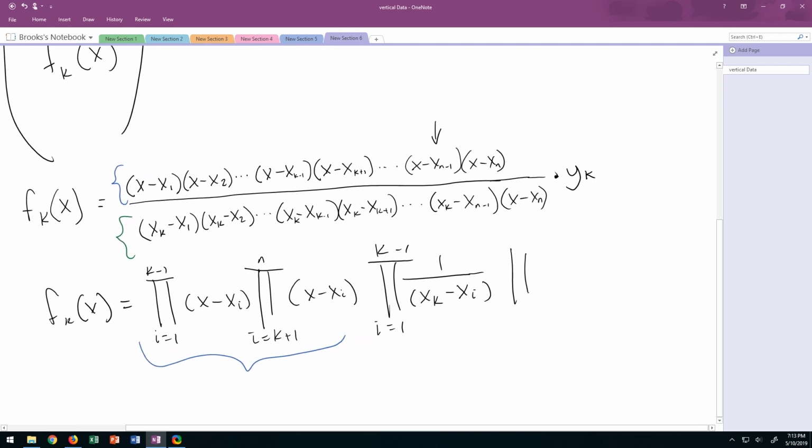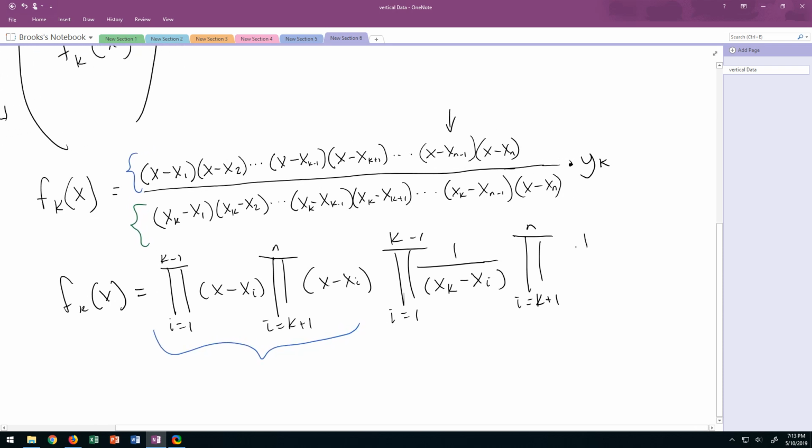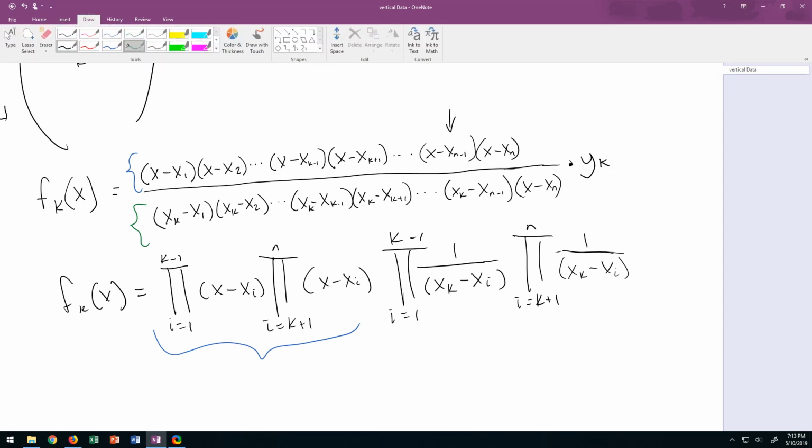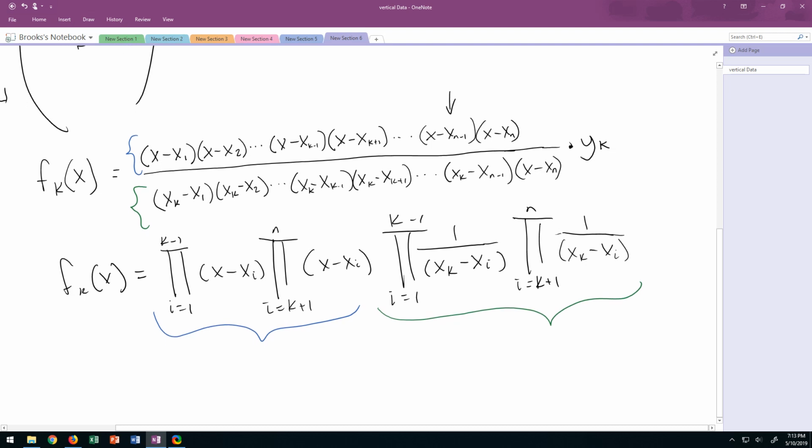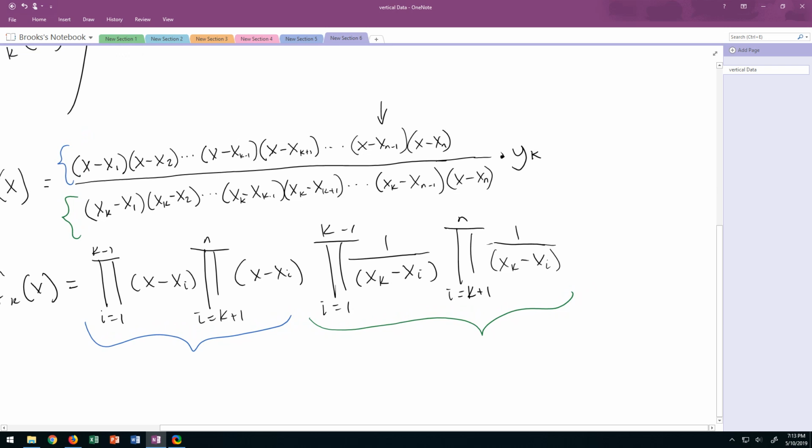And then I'm going to multiply it also by the product from i equals k plus 1 up to n of 1 over x sub k minus x sub i. Yep. All right. So that's my green chunk. There we go. So the blue chunk and the green chunk together, when evaluated at x sub k, is going to be equal to 1.